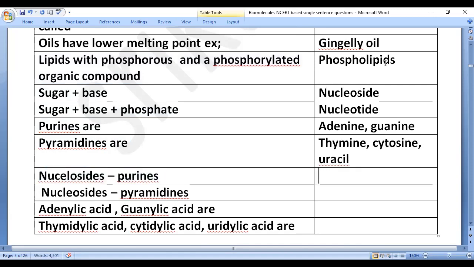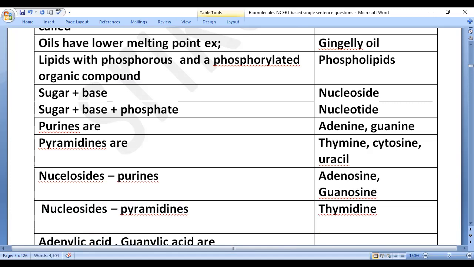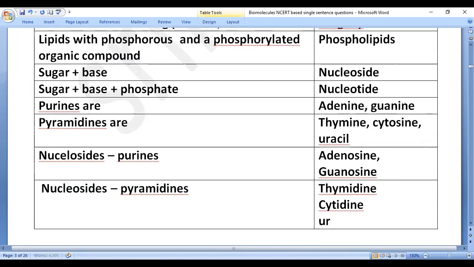Nucleosides of purines: adenosine, guanosine. Nucleosides of pyrimidines: thymidine, cytidine, uridine.